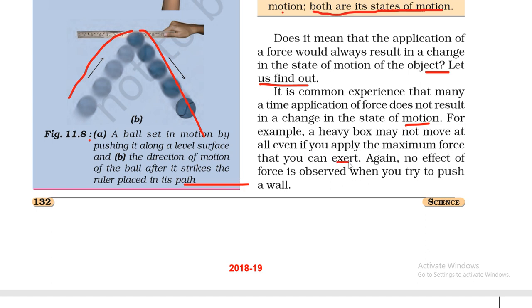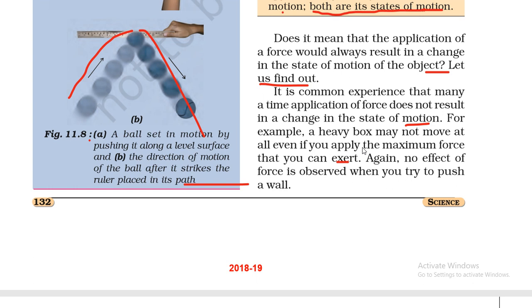You can experience this by pushing the wall of your room, or you can push a pole standing in some field, or you can push something very heavy, and you will experience that even if you apply your maximum effort, your maximum force, it remains in the same state of rest.